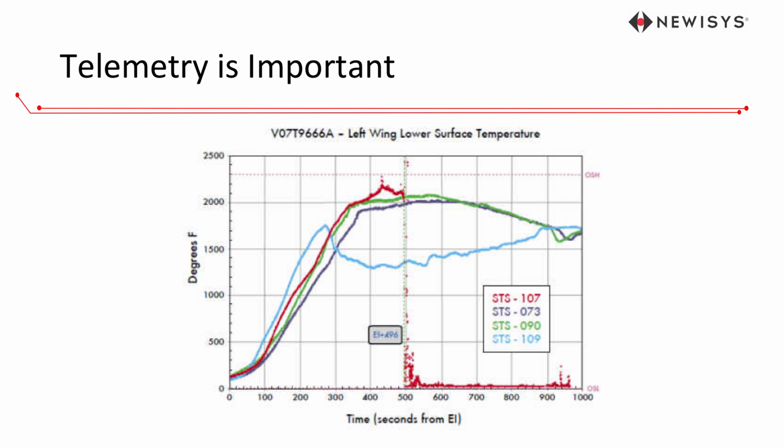STS-107 is Columbia, which burned up on reentry when the wing burned through. This is the telemetry where you can clearly see that that was not normal, right? We have a bunch of normal flights, and then we have the flight that was abnormal. And this happens to our ZFS systems in the world as well.